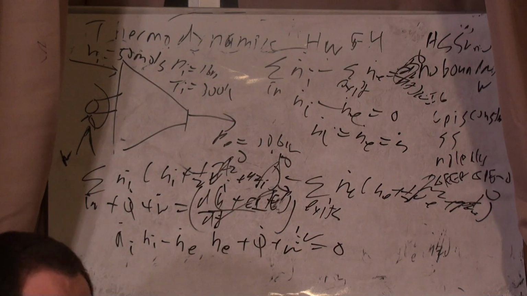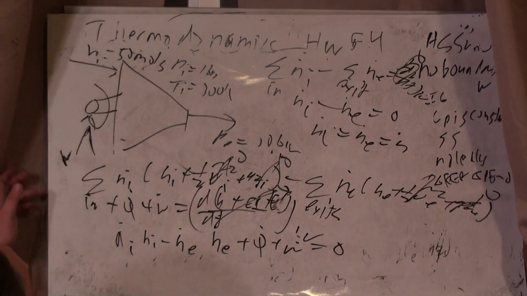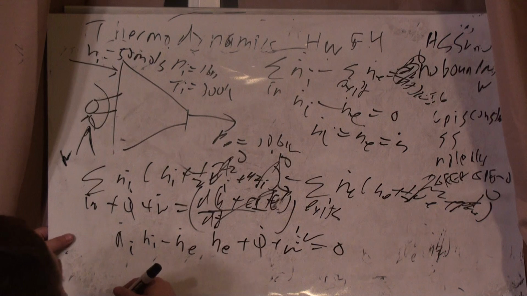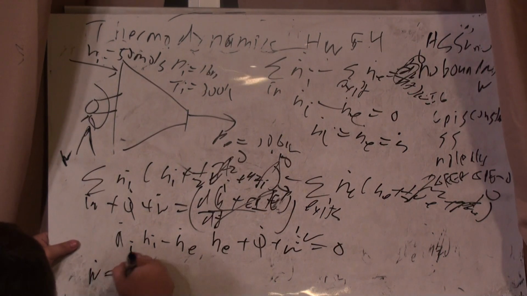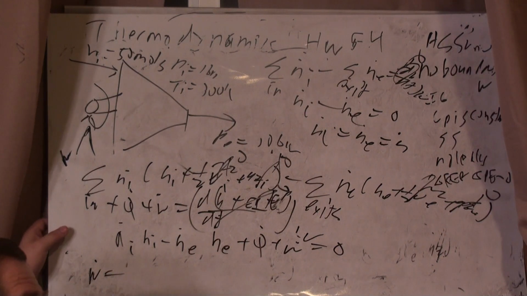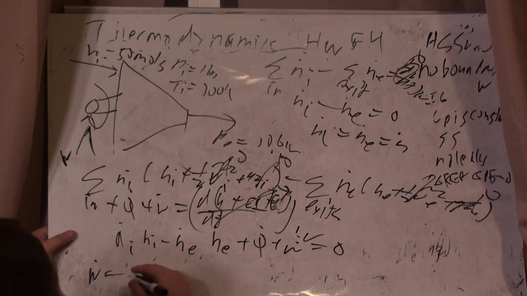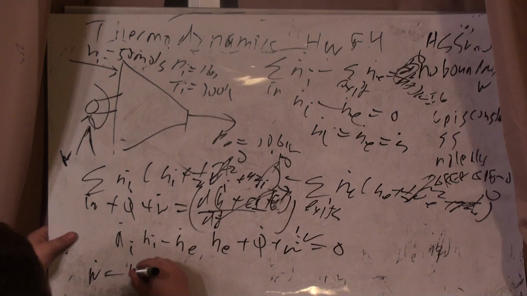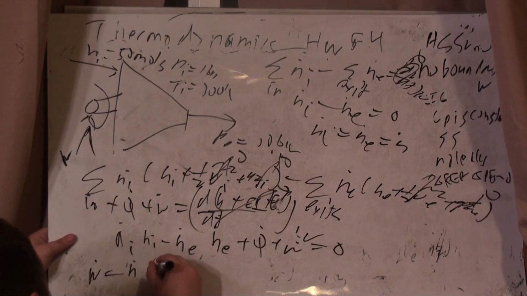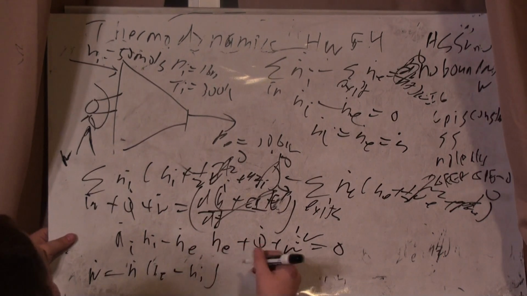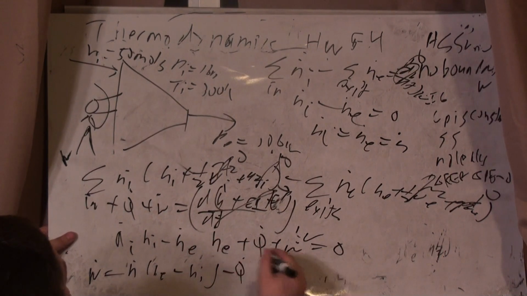Now again, I don't know if this is isothermal or adiabatic, or which case is the best. So let's solve for work, because that's what I'm basically trying to find out. I'm trying to find the minimum amount of work, so I'm going to have N dot, because I can combine them, since according to my mole balance they're the same, N dot times (H E minus H I) minus Q dot.